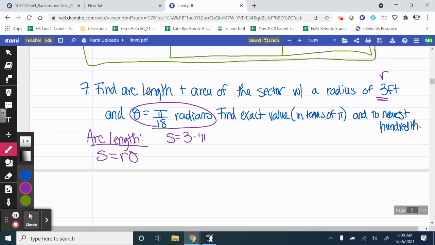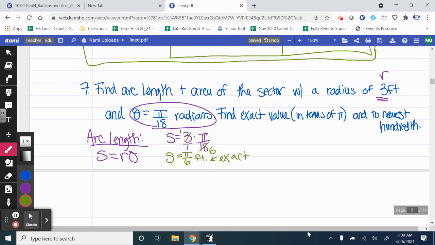So 3 times pi over 18, it's already in radians. I could put this 3 over 1. We do not cross multiply because there's not an equal sign in between here. It's multiplication. So you can cross reduce the 3 and the 18 or multiply straight across the top, straight across the bottom. I'm going to cross reduce on this one. 3 goes into 3 once and into 18 6 times. So the exact arc length would be pi over 6. And this is length, so this is feet. That's exact.